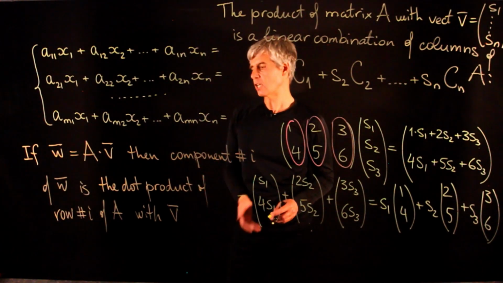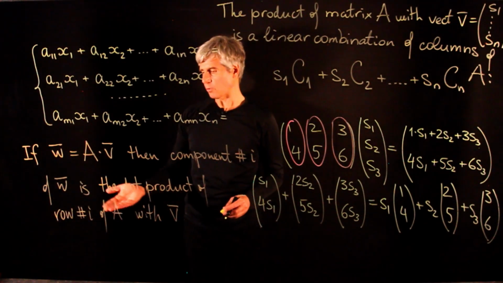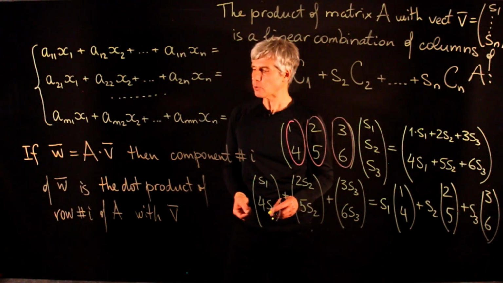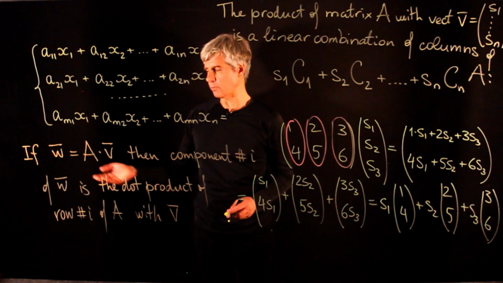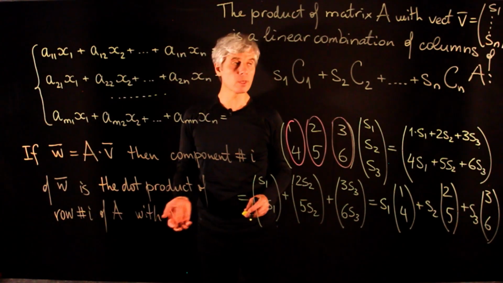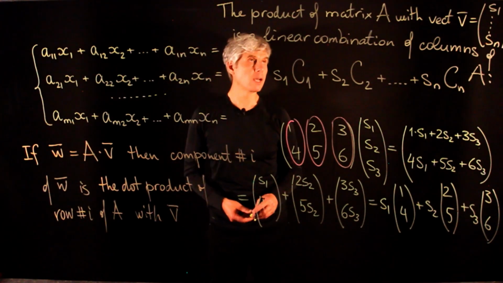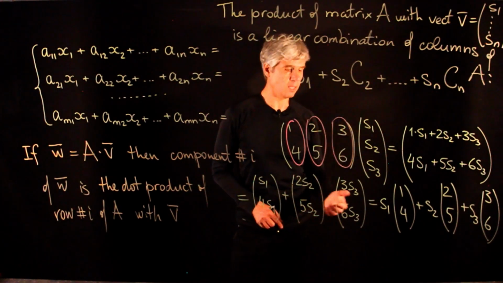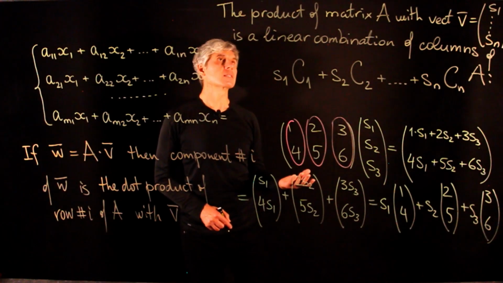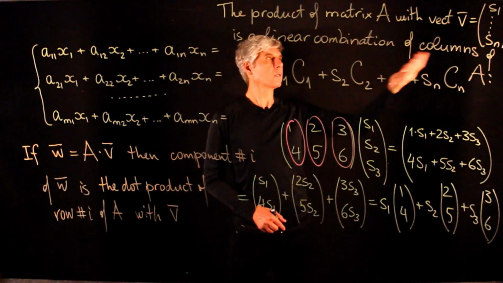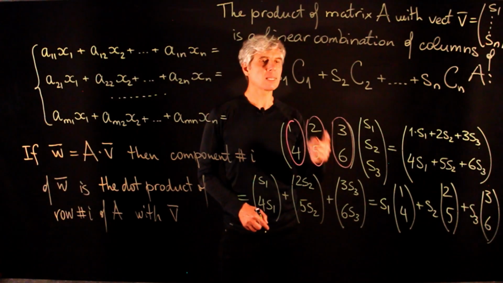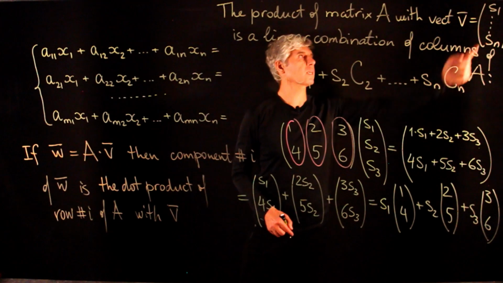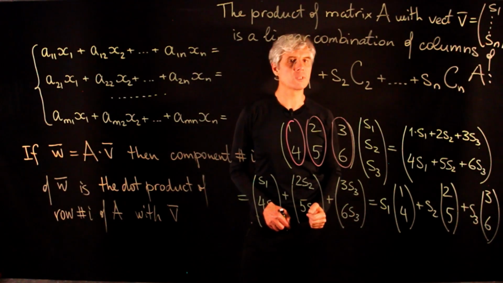The second interpretation is in terms of rows of matrix A, and we say that the ith component of the output is the dot product of row number i of A with the input vector V. And the third interpretation is in terms of columns of A. What we're saying is that the product of a matrix A with a vector V is a linear combination of columns of A with coefficients that come from the components of the vector V.